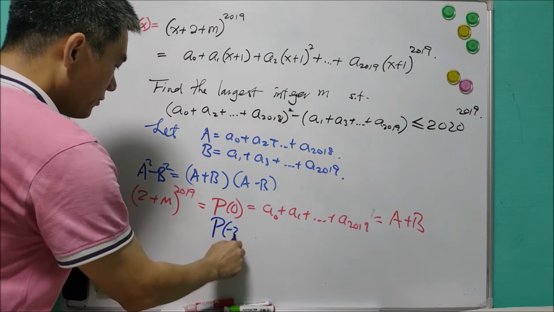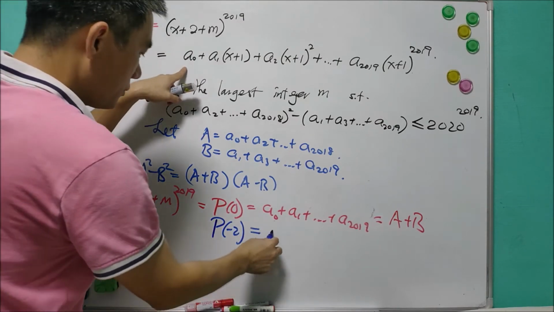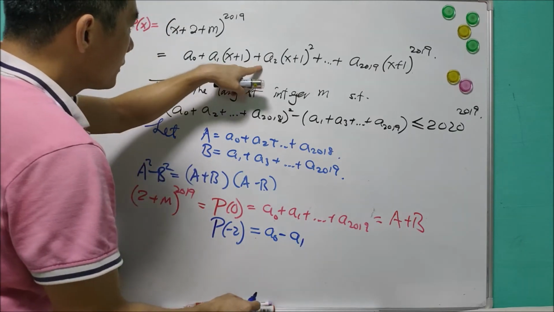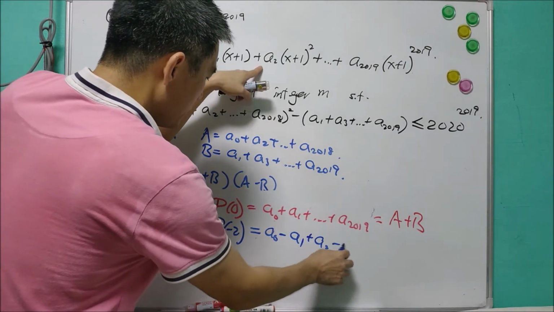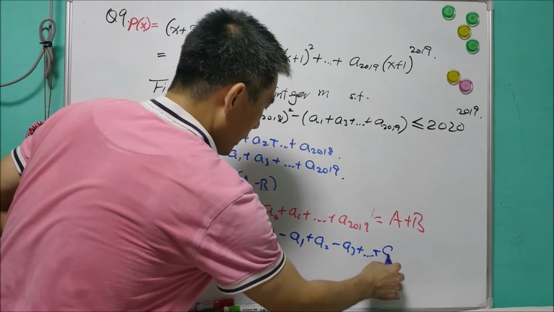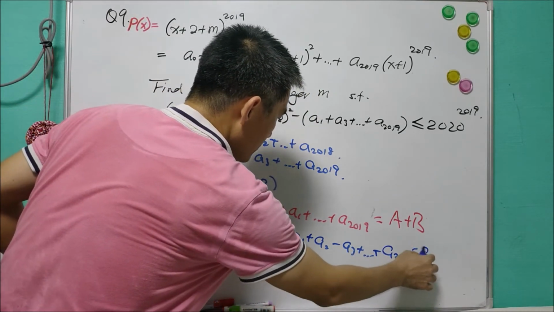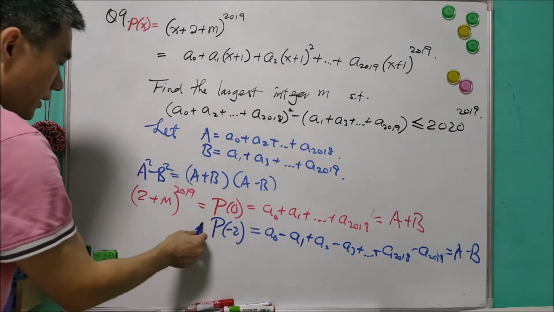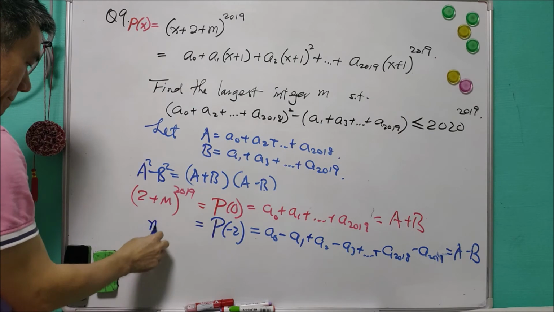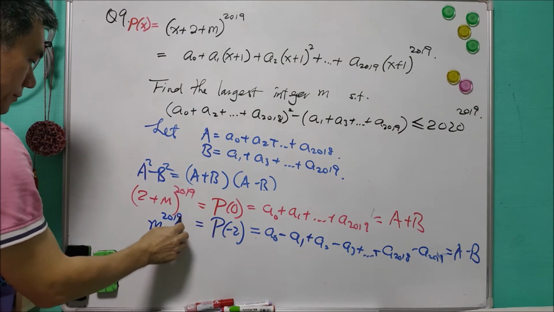So P(-2) will be equal to a0 minus a1, then plus a2 minus a3, and so on and so forth, plus a2018 minus a2019. On the other hand, P(-2) is equal to m to the power of 2019.